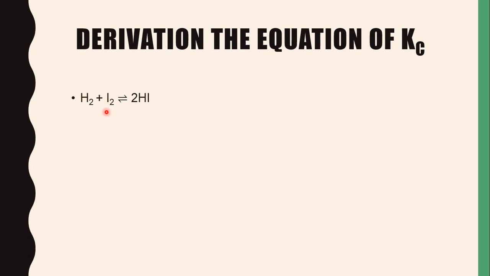Here the mole number of reactants is 2 and products is also 2. So, after finding the equation of Kc for this reaction, you can find the Kc for every reaction. But here I will show you two reactions and I will give you some homework that you have to do at home.